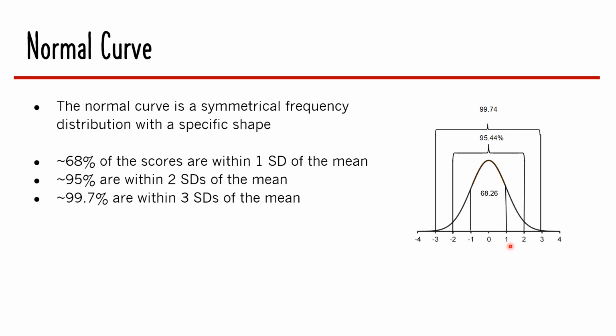If you go out to 3 standard deviations, you can see that we have 99.74% of scores, right? So underneath the entire curve, we would have 100%, all of the scores in the distribution, right? So basically, almost all of the scores are within 3 standard deviations of the mean, 95% are within 2 standard deviations, and 68% are within 1 standard deviation of the mean.